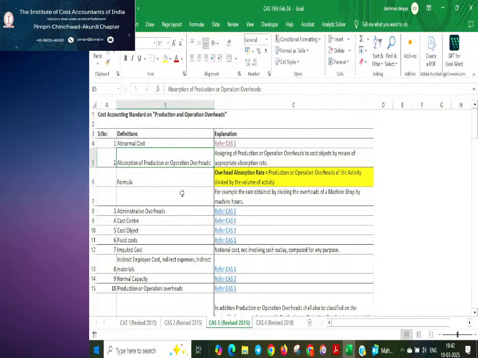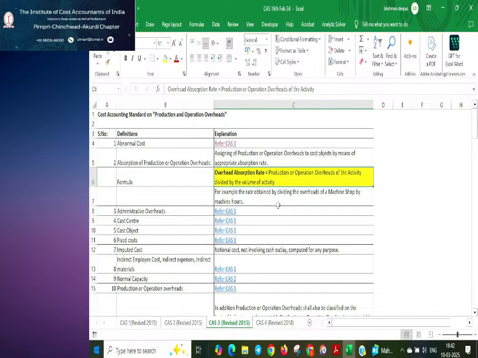Then coming to absorption of production or operation overheads. What is this absorption? Absorption means allocation to a particular cost object. There is a formula to calculate the overhead absorption rate: production or operation overheads of the activity divided by the volume of the activity. How many units are produced is the volume of the activity, and the cost that you have borne, in rupees, will be your numerator.